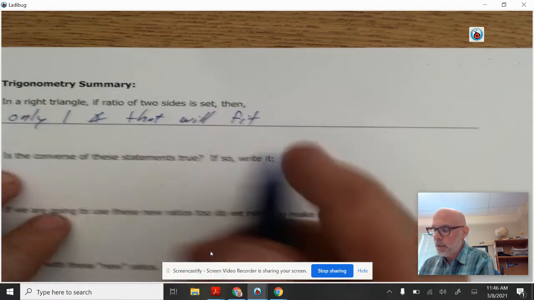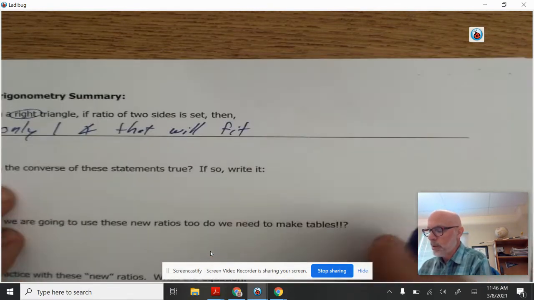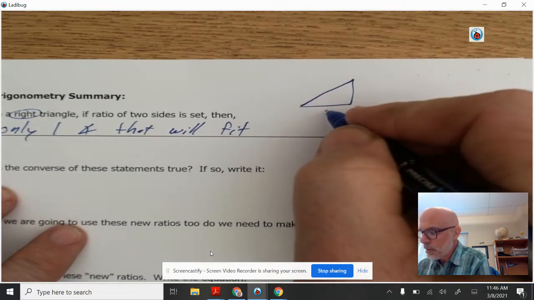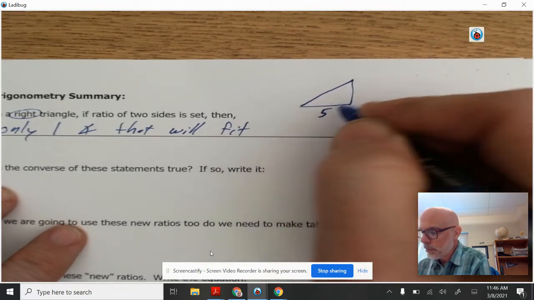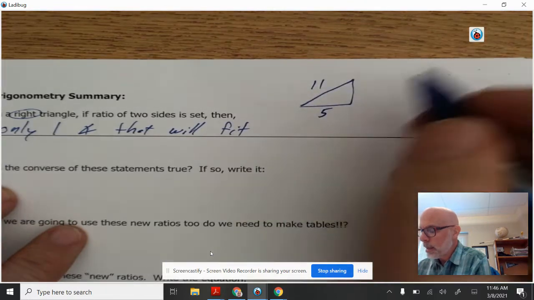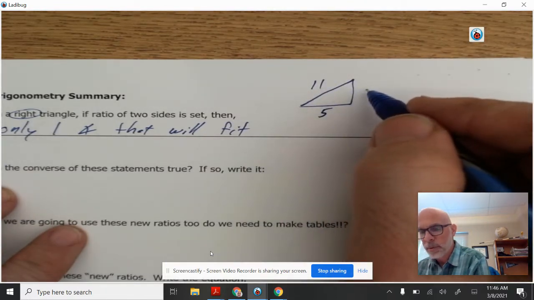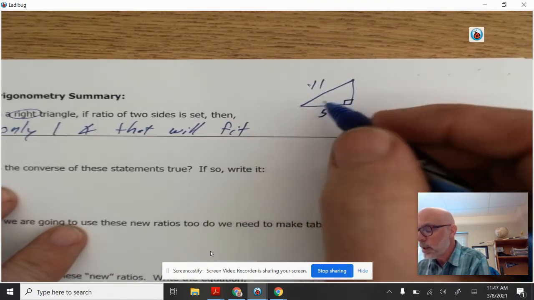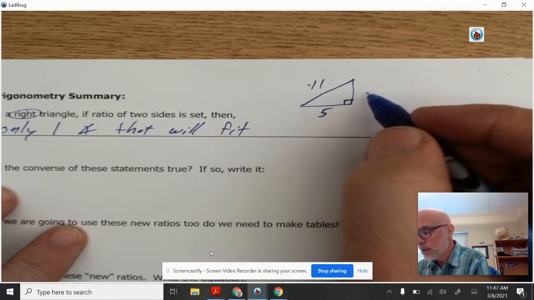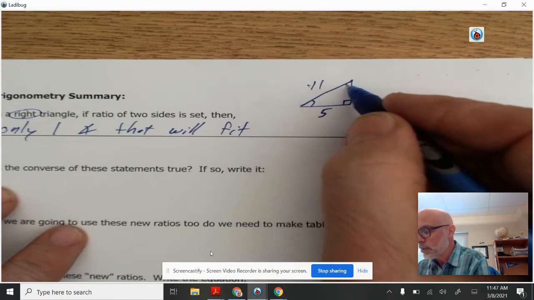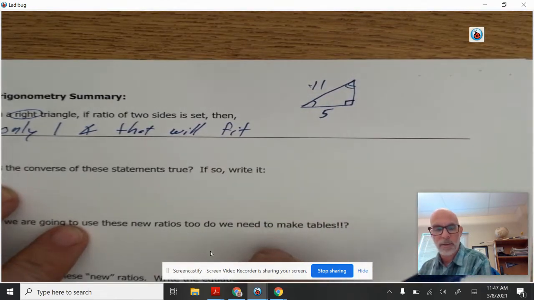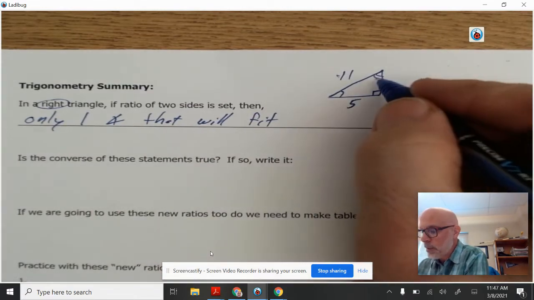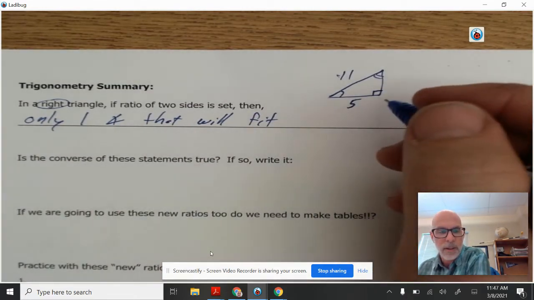Now, I should say this is a right triangle because remember, if I know two of the sides, say this one and this one, 5 and 11, I'm automatically going to know this one according to the Pythagorean theorem. So just as long as you know two sides in a right triangle, I can figure out the third and I can figure out both angles. That's the bottom line. There's only one angle that'll fit. And once you figure out that one angle, I can figure out the other angle by triangle sum.